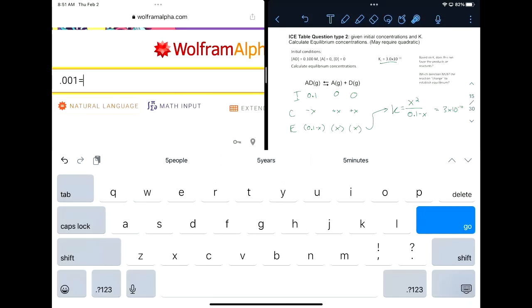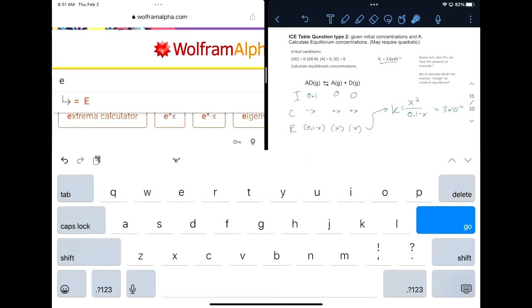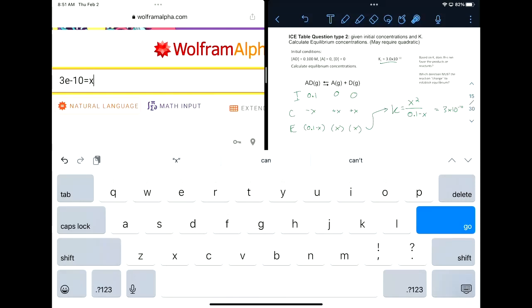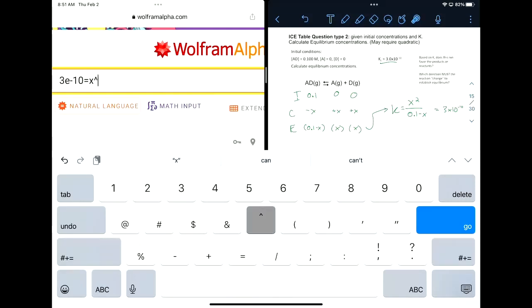Okay, so filling in the quadratic. 3e negative 10 equals x squared divided by 0.1 minus x.